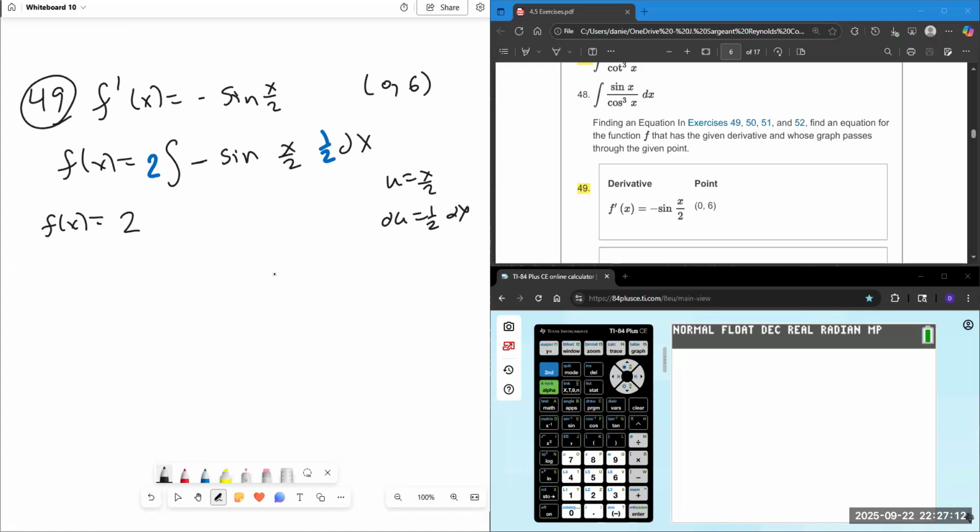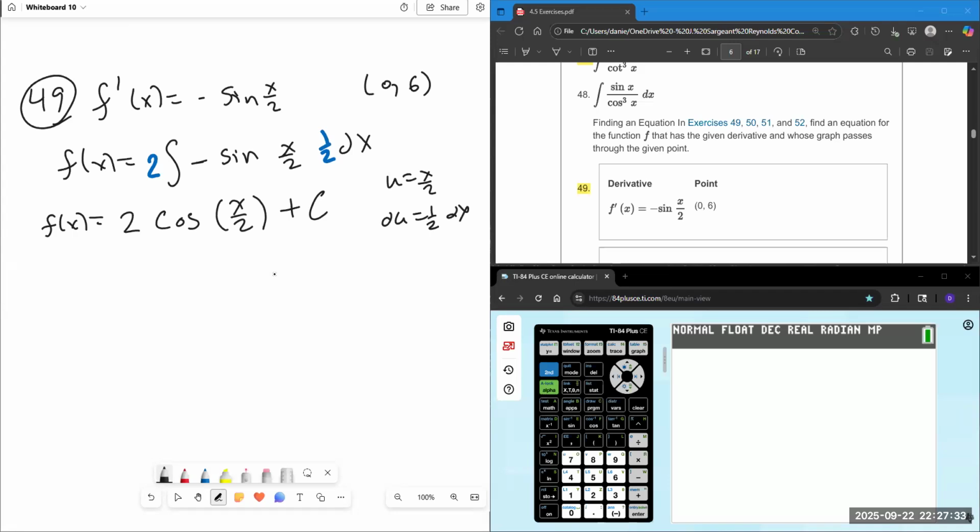So 2, and then cosine is the thing that I differentiate to get negative sine. So I'll call that 2 cosine of x over 2 plus c.